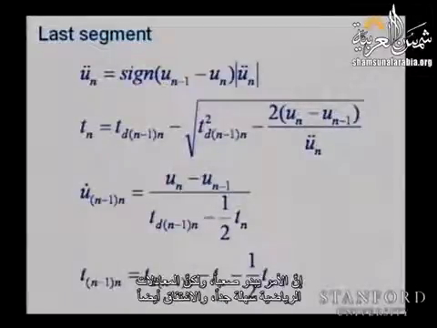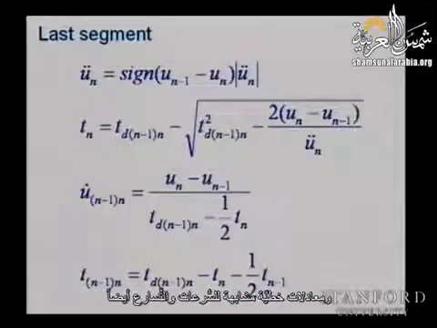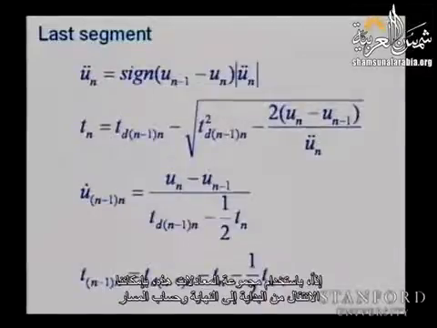It kind of looks hairy, but it's very simple formulas, very simple derivation. Basically, second degree equations for the times, and similar linear equations for the velocities and the accelerations. So using those sets of formulas, we can go from the beginning to the end and compute the trajectory.